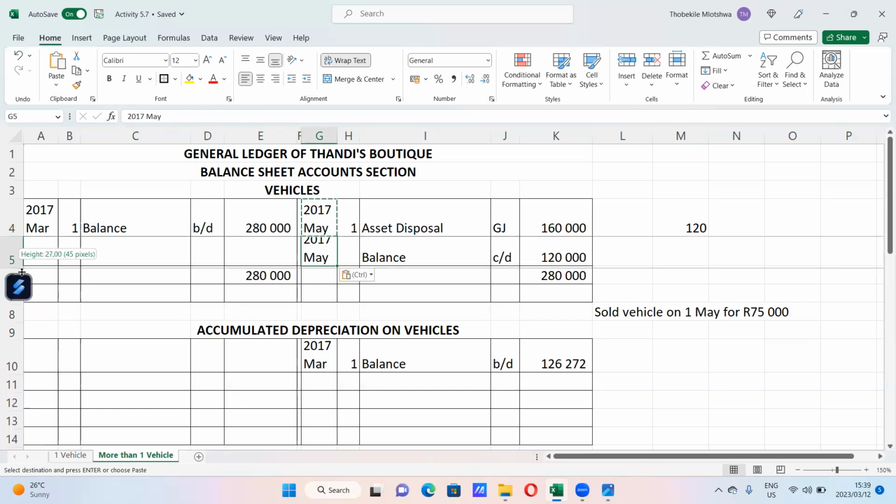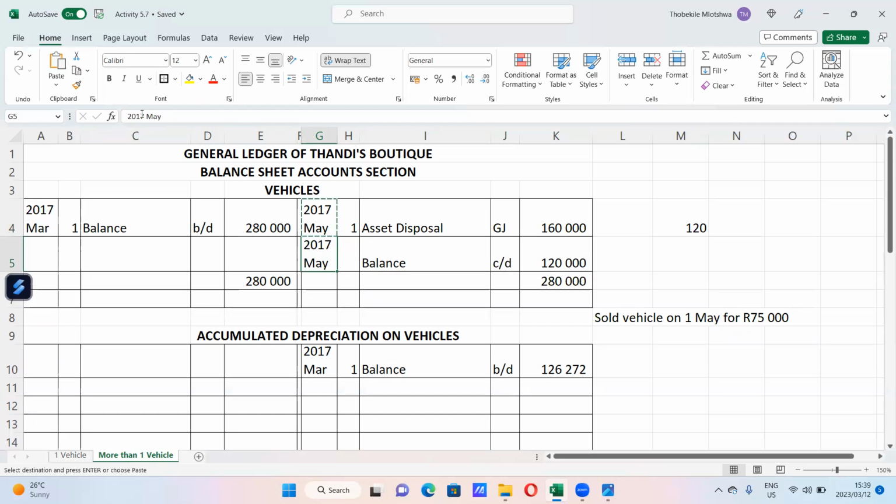So we are going to say 2018 February. When the year ends, if nothing else was sold, February 28, we are going to have a balance of this.